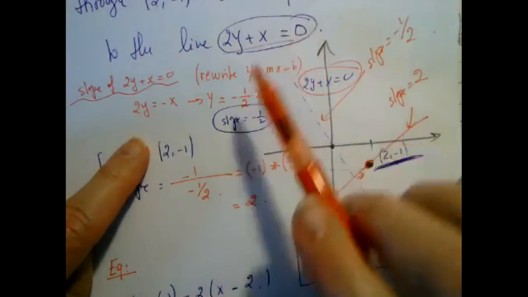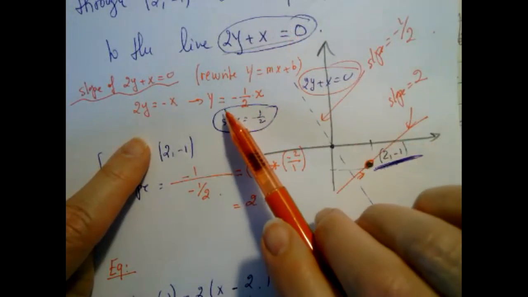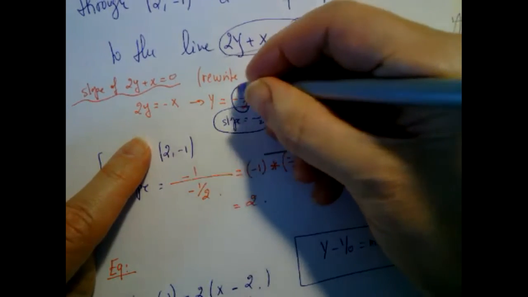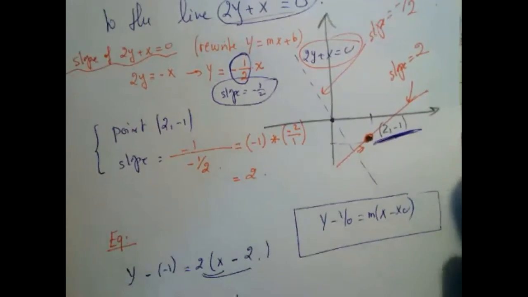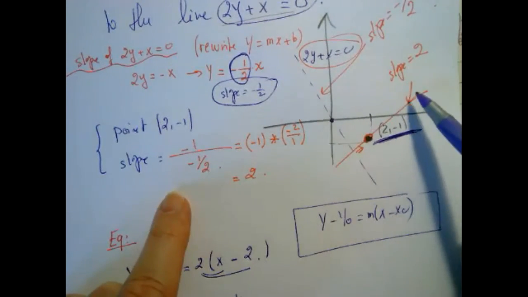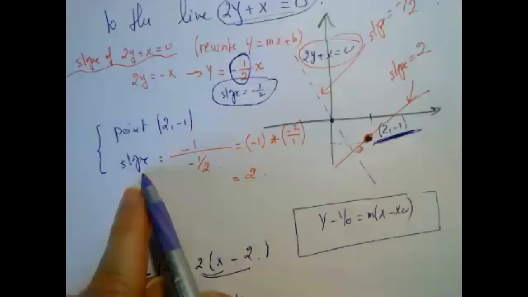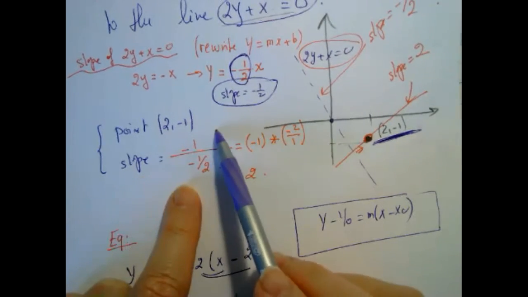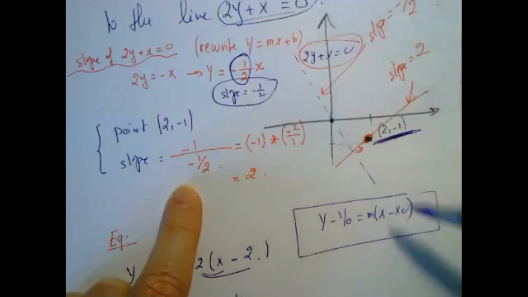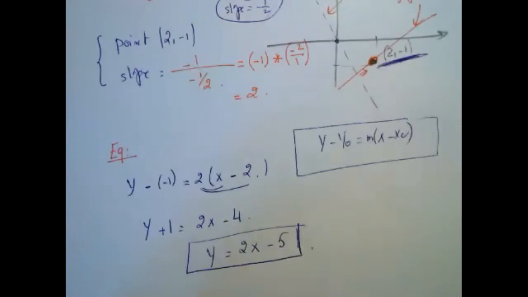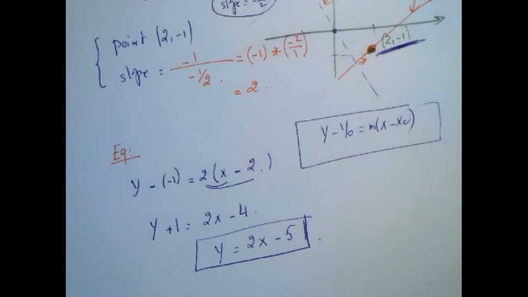To find the slope, I just solve for y, which gives minus a half x, so I pick up the slope from what x is multiplied by. Because the line I'm interested in is perpendicular to it, its slope is minus 1 over the slope of this other line. Do the math, it gives me a 2, and then you finally find the equation. Okay.